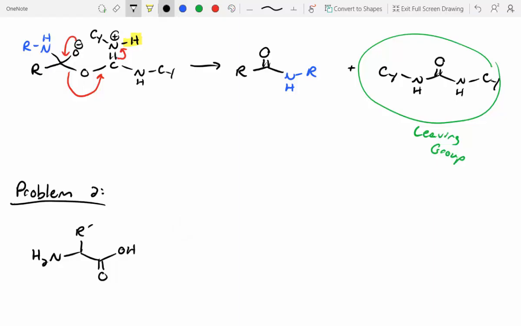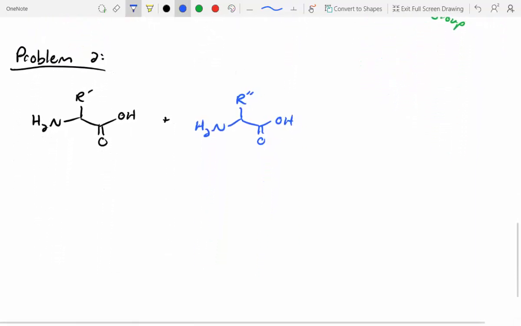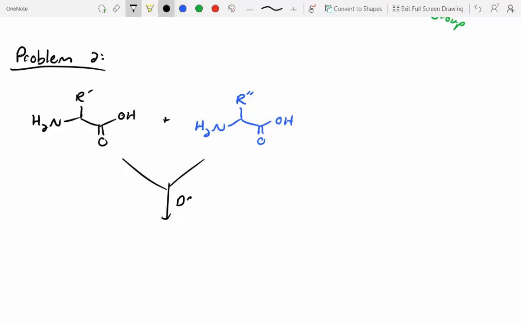So I've got this R group coming off that alpha position, and I want to mix this together with another amino acid. I keep on saying peptides. Let's say we throw these together and we have DCC. What do you think a problem could be?